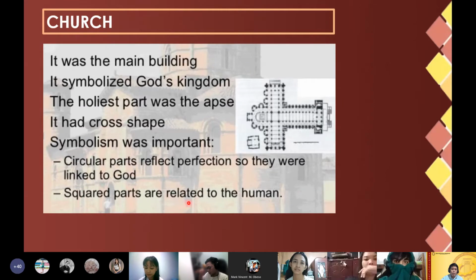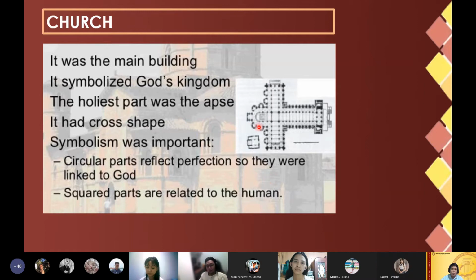Square parts are related to the human. No? So in this part right here, ang mga pa-curve guys, no? Ang pa-curve nga mga parts at church, that symbolizes or is linked to God. So the square parts, kanang mga square or mga horizontal, vertical, those are symbol for the human or for the users.